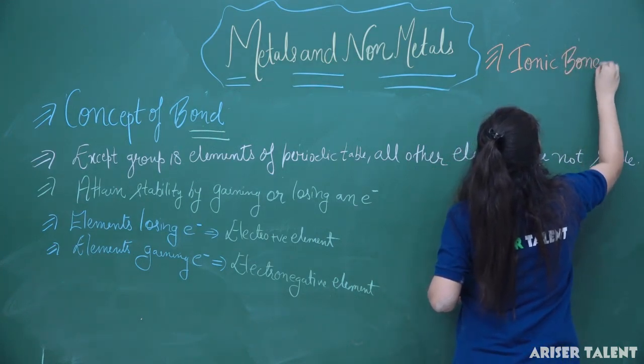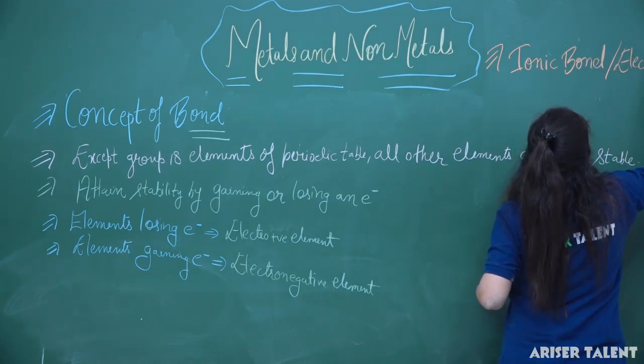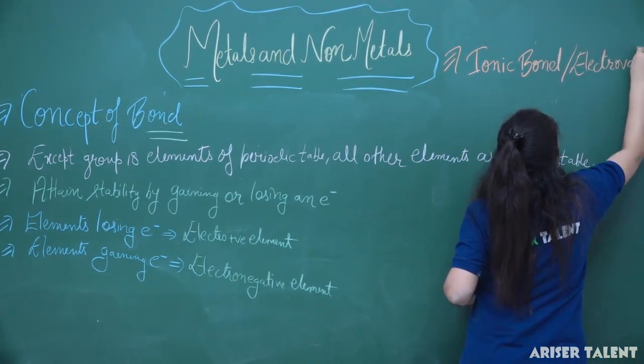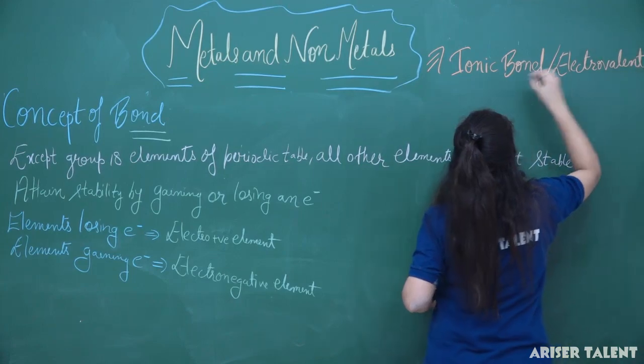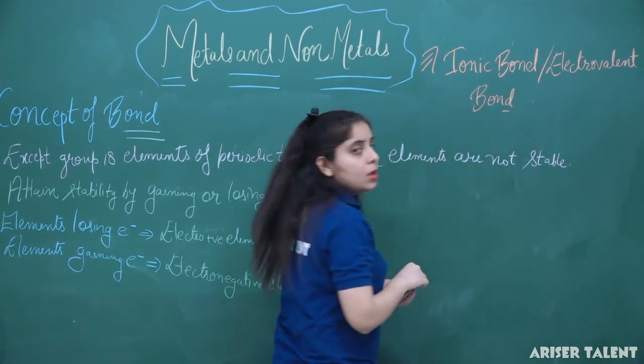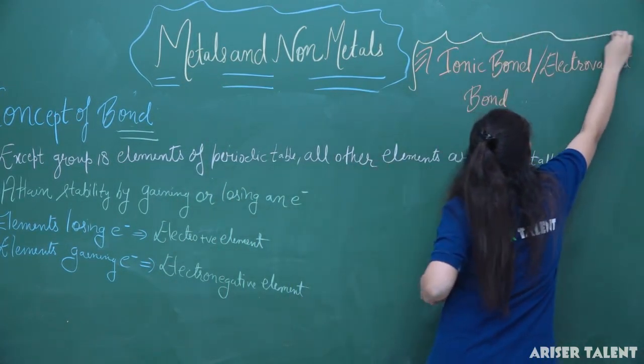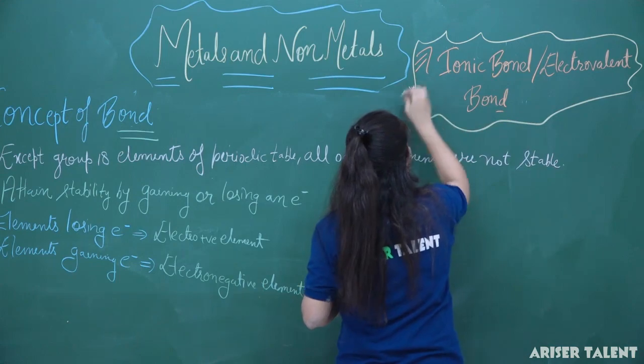We can say ionic bond or electrovalent bond is formed by an electropositive and an electronegative element.